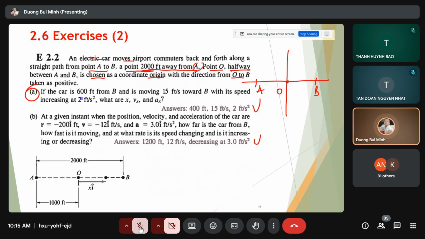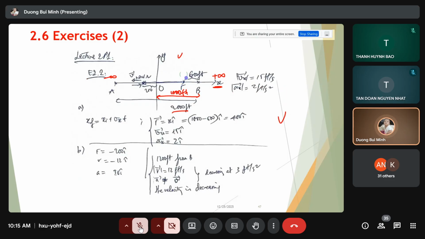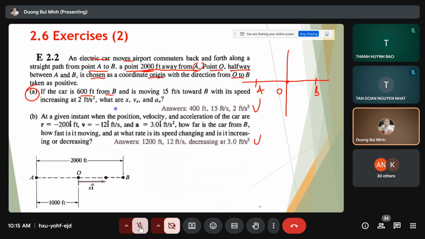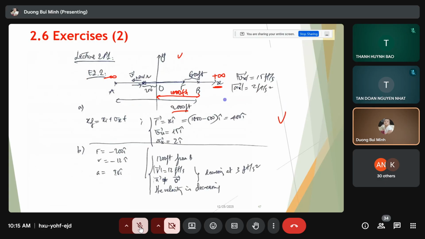If the car is 600 feet from B, and it is moving 15 feet per second toward B, with its speed increasing at 2 feet per second squared, what are x, vx, and ax?